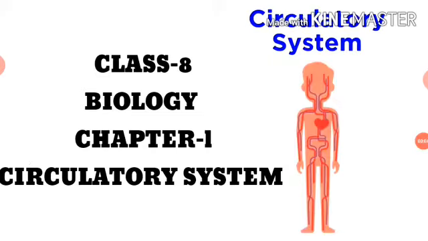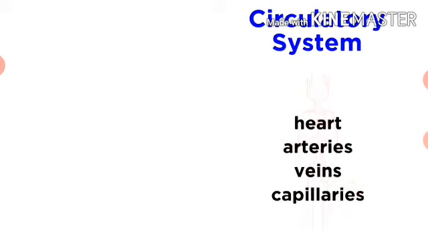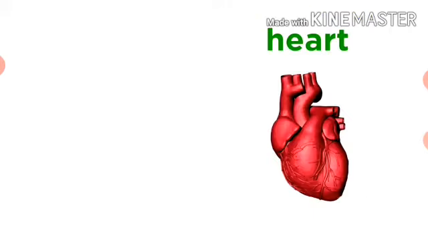The circulatory system is also known as the cardiovascular system, which comprises the heart, arteries, veins and capillaries that carry blood to different parts of the body. There is a lot to discuss about the heart, so let's start by taking a close look at it.